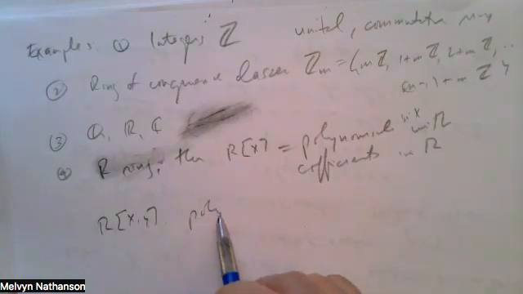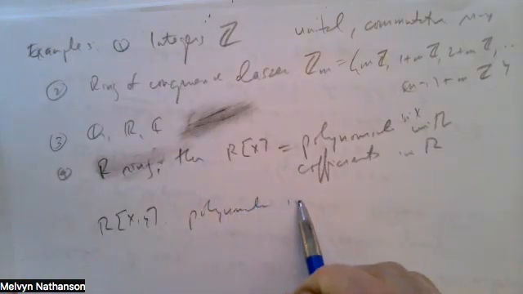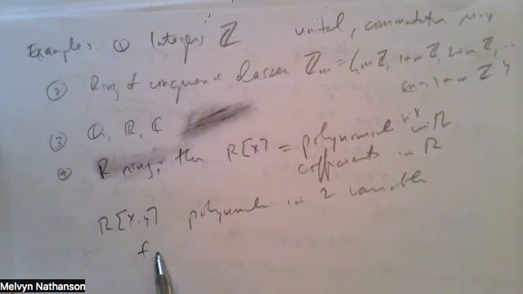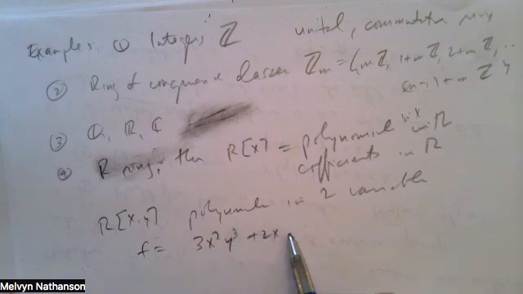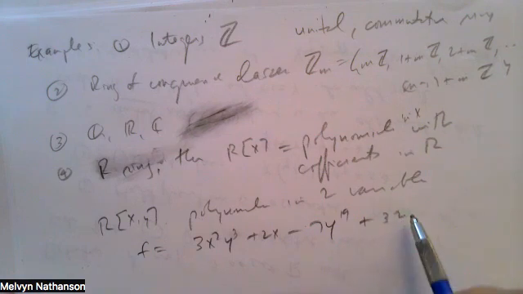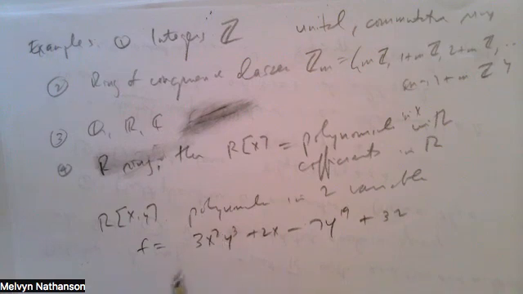So you could have f equals 3x squared y cubed plus 2x minus 7y to the 19th plus 32. This is a polynomial in two variables, x and y. And the set of all polynomials, in fact in any number of variables, is always a commutative ring if R is a commutative ring.